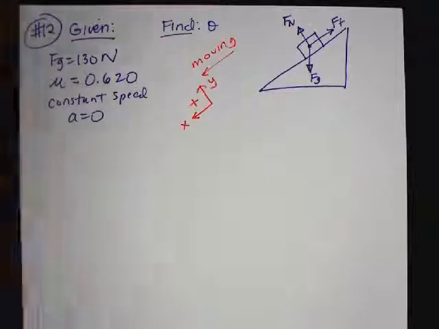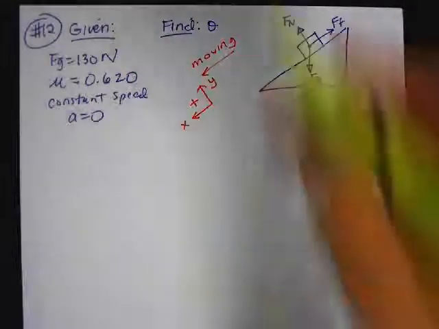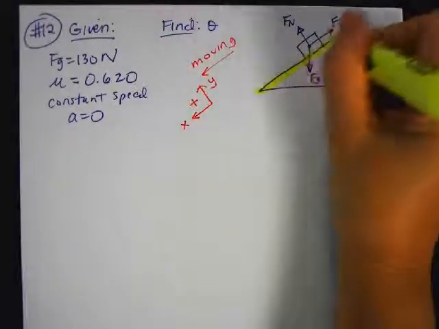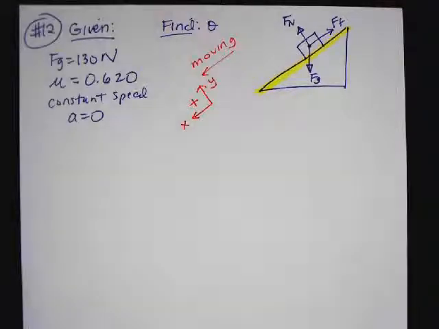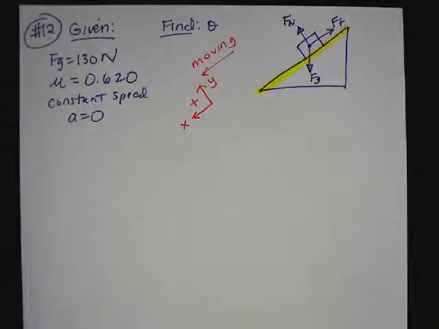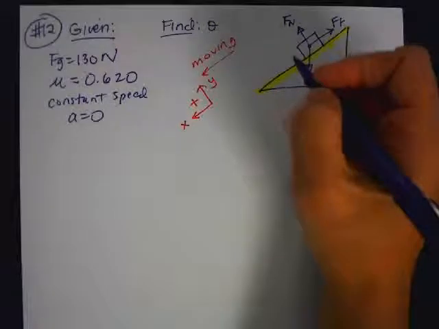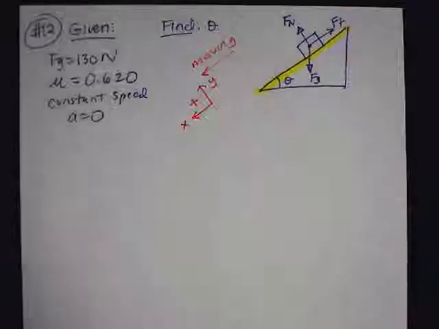So again, this is my free body diagram. Here are my surfaces in contact. No one is pulling or pushing that block down the incline. The block is moving down the incline because when the angle is great enough, it's going to move by itself. And we're going to solve for this angle here, theta.